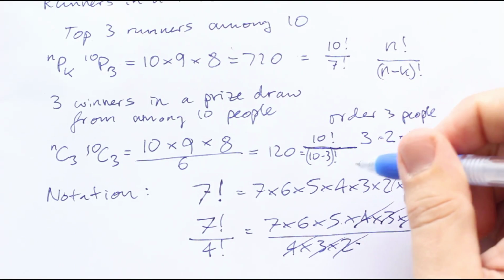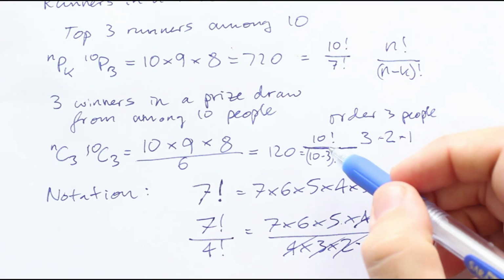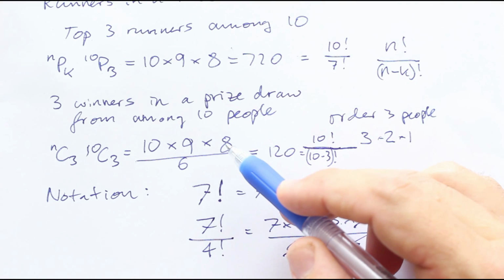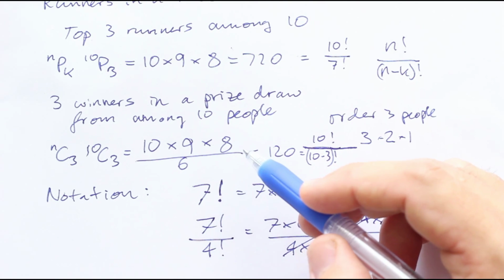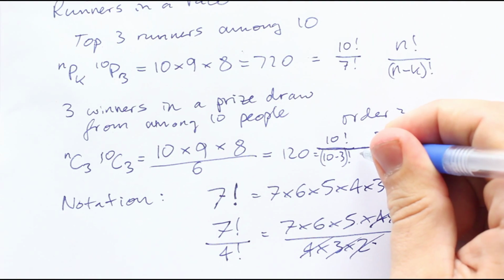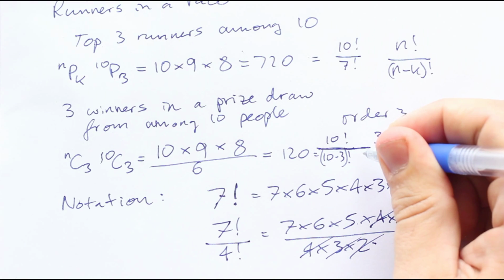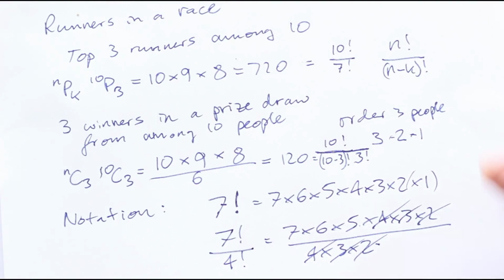But then we've also got to take out all the ways that we can combine the 3, yeah, because the top 3 actually don't matter in order. They're all 3 winners of equal prizes. So we're gonna write here how many ways there are to order 3 items as 3 factorial.